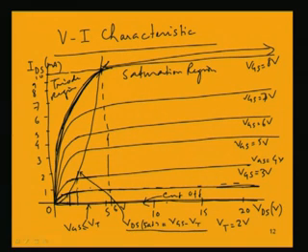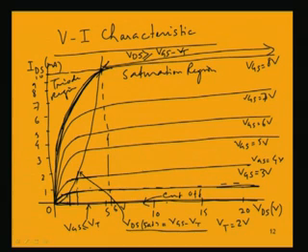Now, in this region of saturation we have the drain to source voltage greater than VGS minus VT. When these are equal, VDS equals VGS minus V threshold, then we get saturation, and beyond this point saturation continues.